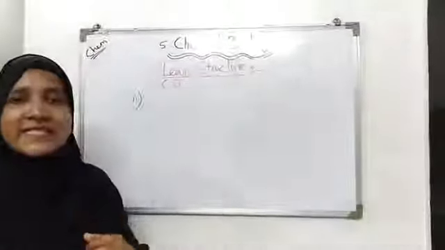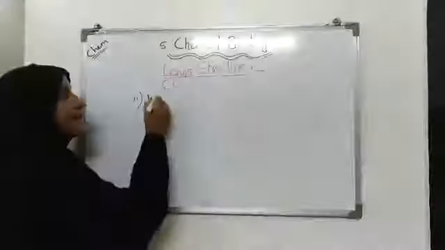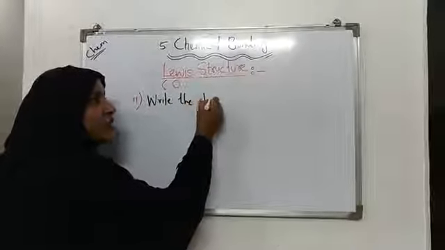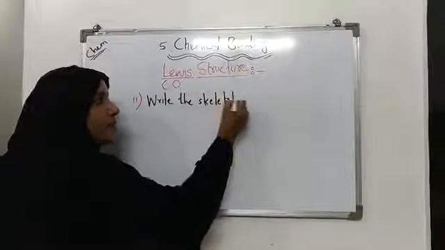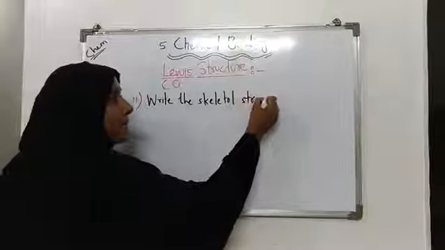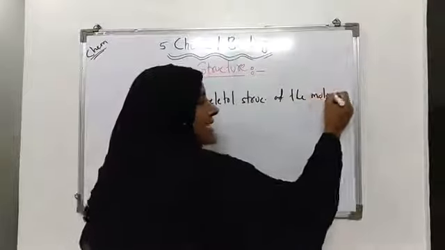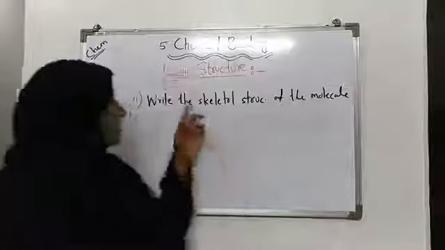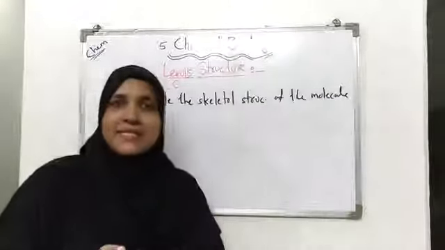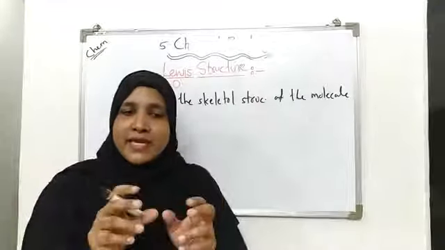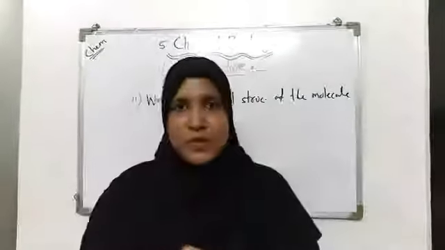Now I hope you have understood the first step. Now your second step is to write the skeletal structure of the molecule. Now how to write the skeletal structure? Whatever elements are there in the molecule, you write them together with a little space between them.